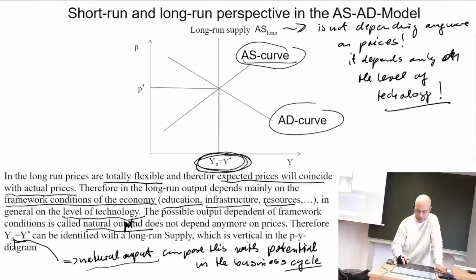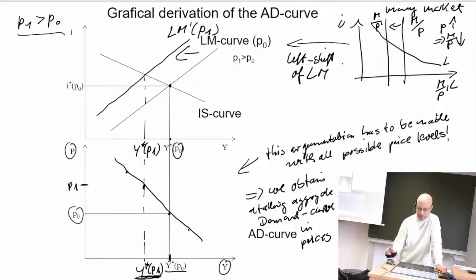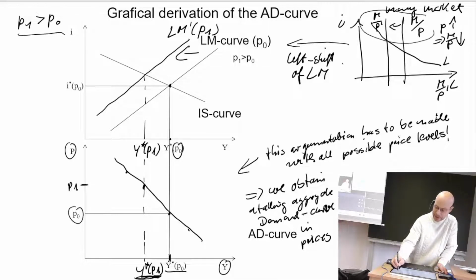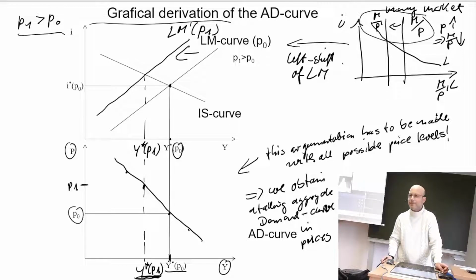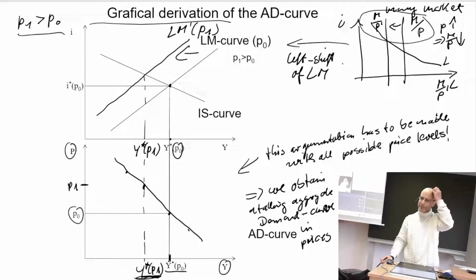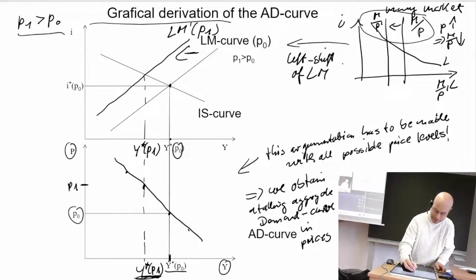Here, this was when we made the derivation of our AD curve. This is the shift of money supply due to a higher price level. And this meant what shifted here in our ISLM model when we had this price increase? Yes, a price increase means this.